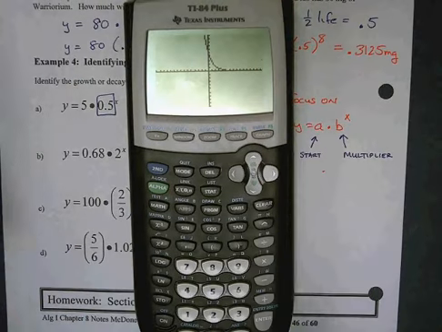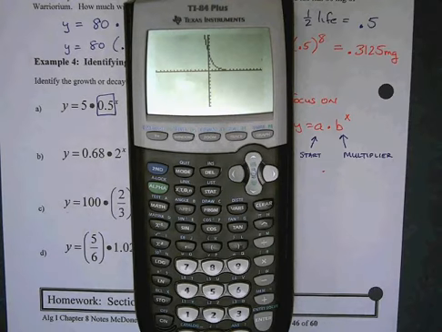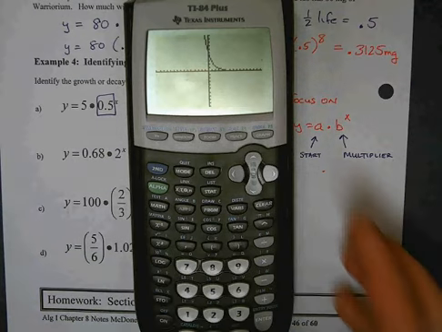Here's what that looks like. What's happening to this function? It's starting and it's doing what? It's decreasing. Is that obvious decay? Now, did I need to graph it to show the decay? Right there shows the decay. 0.5, it's decay.